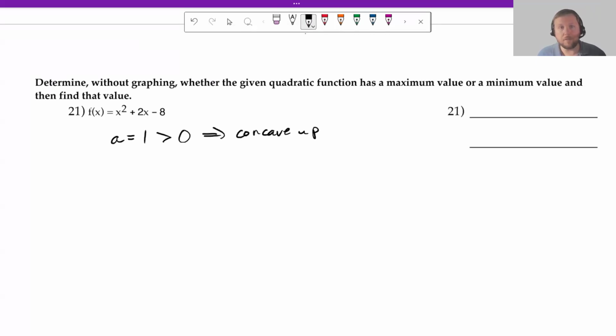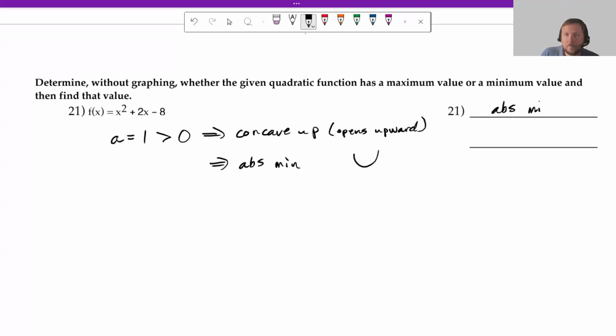So it opens upward. So in other words, it looks like this. So if it's opening up, then it has an absolute minimum. Okay, so there's our first answer.